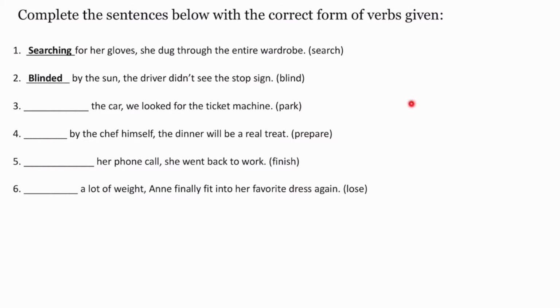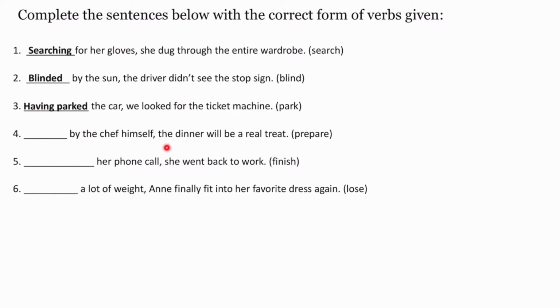Number 3. In the car, we looked for the ticket machine. So here we have a sequence of actions. So this happened and this followed. So we're going to be using the perfect participle. Having parked the car, we looked for the ticket machine. Number 4.